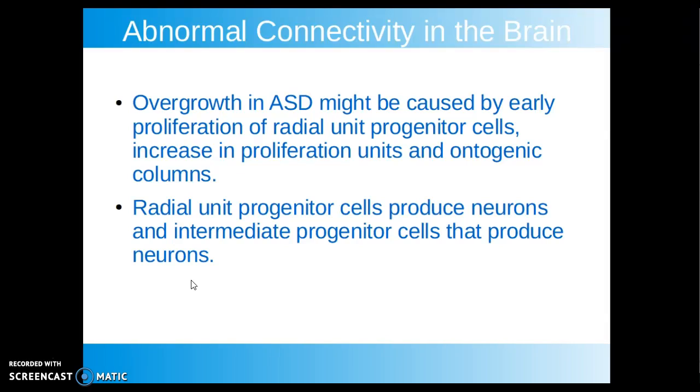So this is the science that they think is behind the actual overgrowth in surface area in people with autism. Radial unit progenitor cells produce neurons and intermediate progenitor cells that produce neurons. This is important because if you have too many neurons, it can actually mess up the connectivity in your brain. And I'll get to that in a minute.